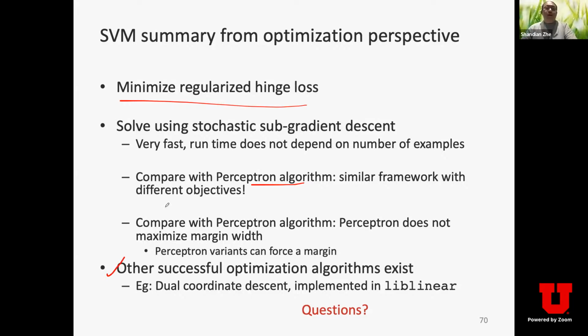But stochastic subgradient descent is not the only choice for SVM training. You can definitely use other optimization algorithms. Another commonly used one is dual coordinate descent, implemented in the famous SVM library called LibLinear. Okay, so far, any question?